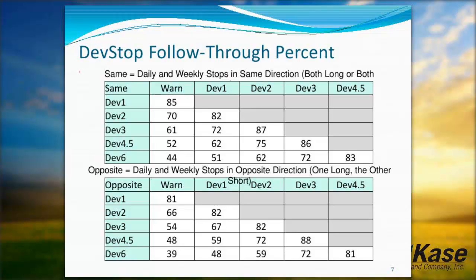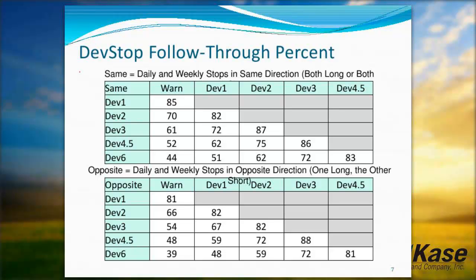This is something we went over, I believe, on September 3rd. And these tables show whenever you hit a stop level, how often the next stop level is hit. For instance, in the table on the top, whenever Dev 1 was hit, there's an 82% probability of hitting Dev 2, a 72% probability of hitting Dev 3, and so on.